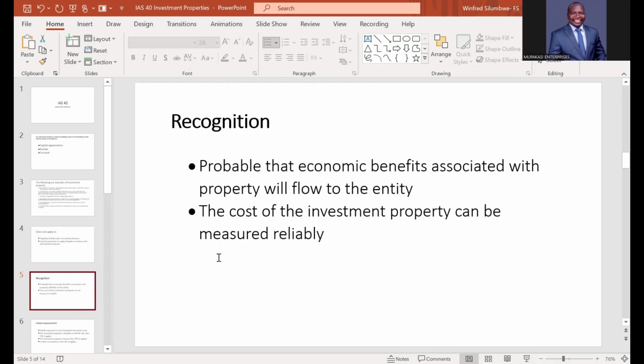Now, the cost of investment property can be measured reliably, meaning you must know how much it costs to build that house. You know exactly how much you've spent to build it, or to buy that asset.